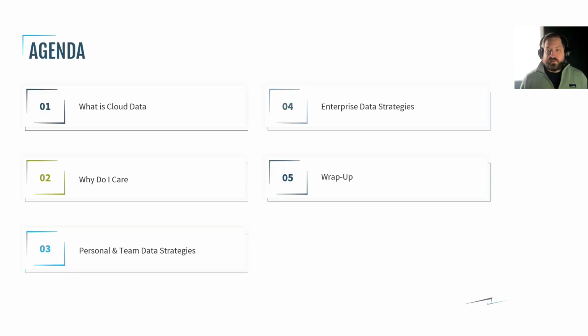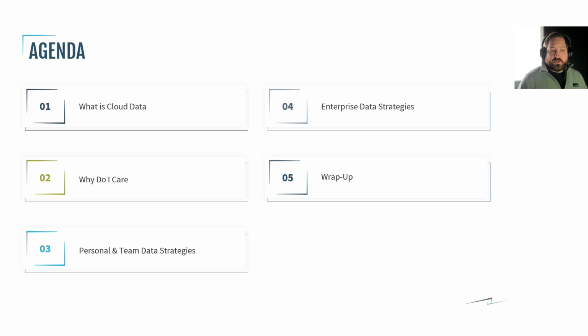So what are we going to be talking about? First and foremost, I'm going to give a high-level overview of what is cloud data, what is on-prem data, what is data. Just to level set before we get into, well, why do I care about a cloud data strategy? What does it matter to me? What's the value that I'm going to get out of making sure that our organization and our team has strategies around our data?